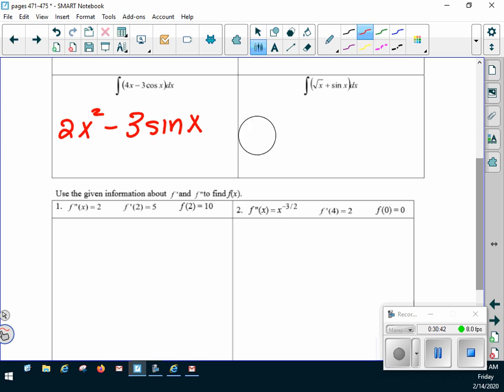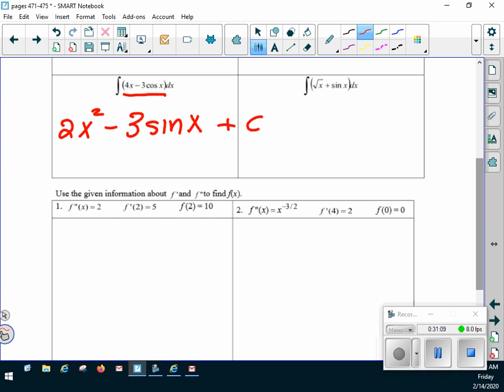We're going to check it. What else do we need? Remember, you check it by taking the derivative of this and making sure you got this. What's the derivative of 2x squared? 4x. What's the derivative of negative 3 sine x? Negative 3 cosine x. That's what you got here. You're good.